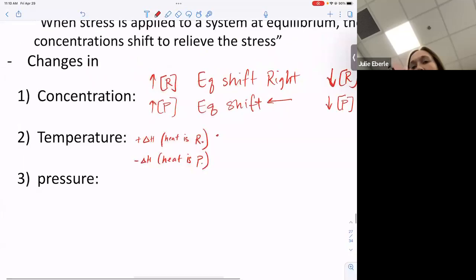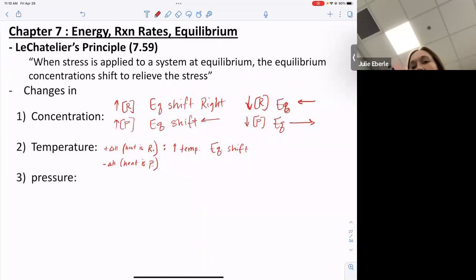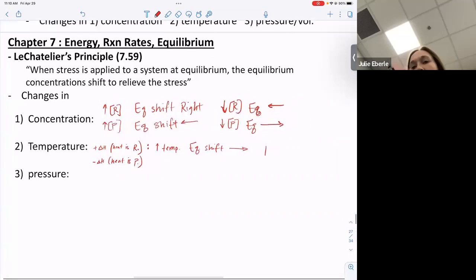So for endothermic reactions, if we increase temp, heat's a reactant here, so equilibrium would shift towards the product side, shift right. But decreasing temp, I'm just going to put a down arrow, equilibrium will shift back towards the reactant side.